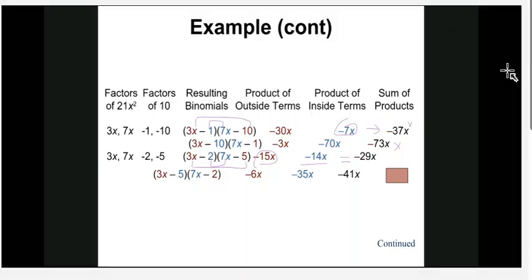Did not work. So we have to keep trying by trial and error in this case. If I put a 5 here, 2 in here, I will have a -35x, right? And then this is -6x. And then these two add up together is -41x. So this will work.